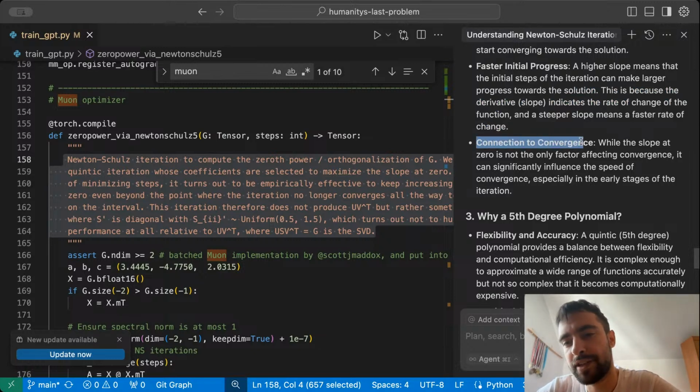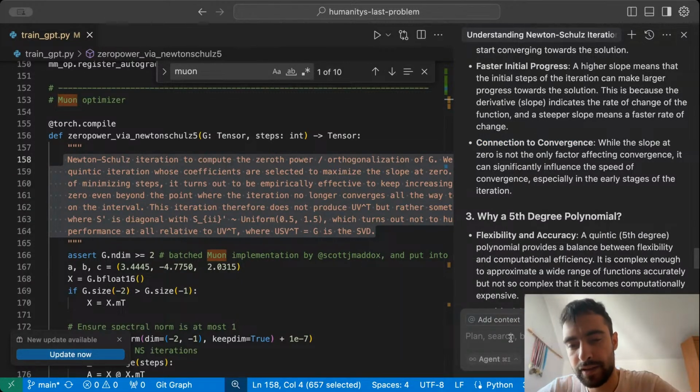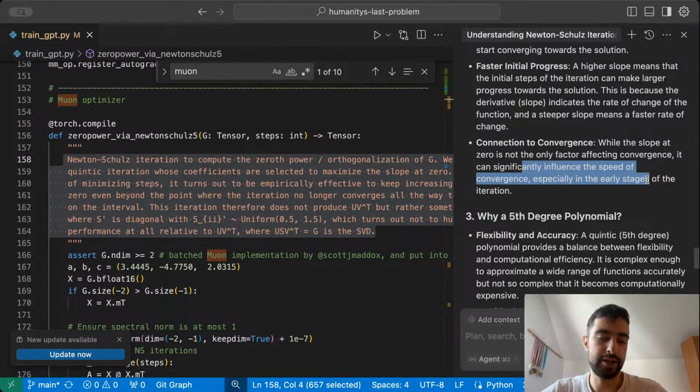Connection to convergence. I wonder if I change my model to Gemini Pro. While the slope at 0 is not the only factor affecting convergence, it can significantly influence the speed of convergence, especially in the early stages of the iteration.